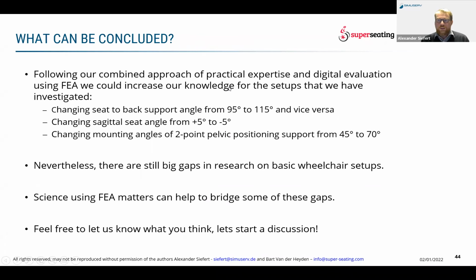We introduced here the combination of our clinical expertise and using FEA for the 3 setups: changing the seat to back support angle, changing the sagittal seat angle, and finally changing the mounting angles of a 2-point pelvic positioning. Nevertheless, there are still big gaps in research on basic wheelchair setups.